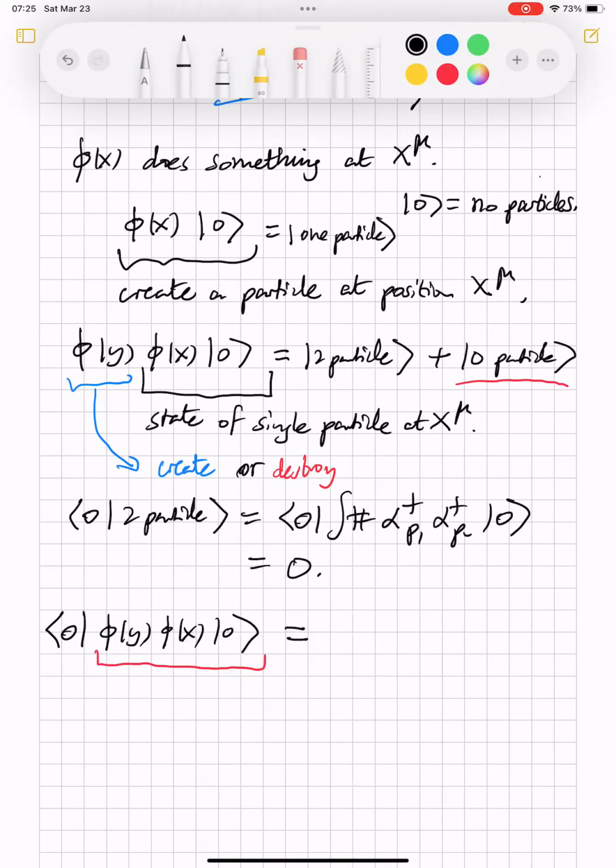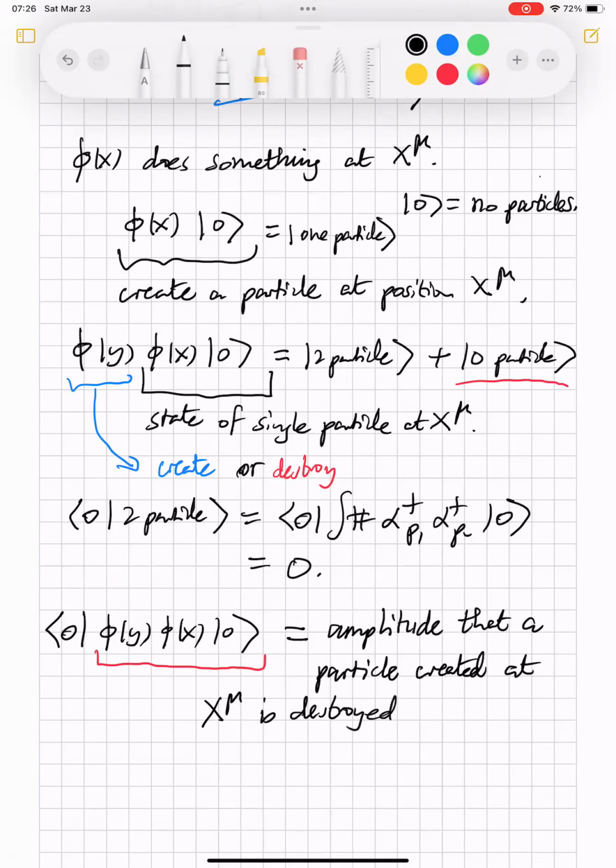And what is this equal to? This is the amplitude that a particle created at x mu, so this is some time in some position, is destroyed at y mu.